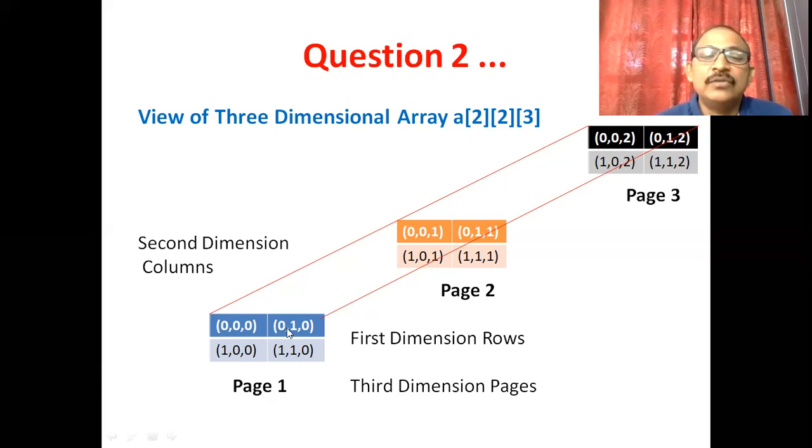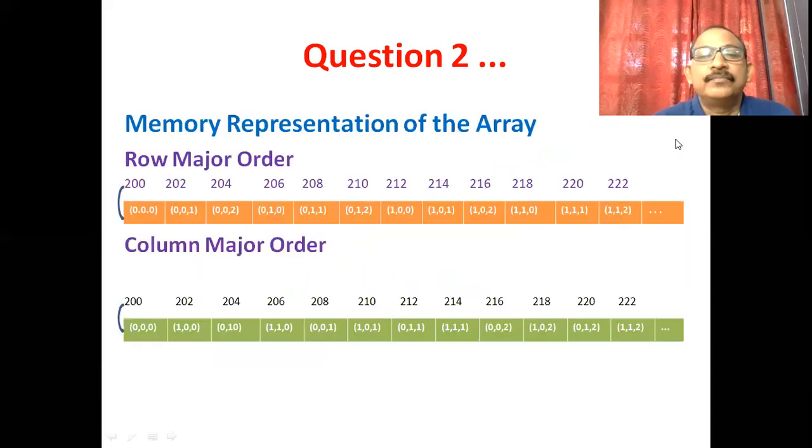Next element is 0, 1, 0. Next is 0, 1, 1. Next is 0, 1, 2. Here you can see 0, 0, 0, 0, 0, 1 and 0, 0, 2. Now row is 0, the column is 1 and the third subscript is 0, next is 1, next is 2.